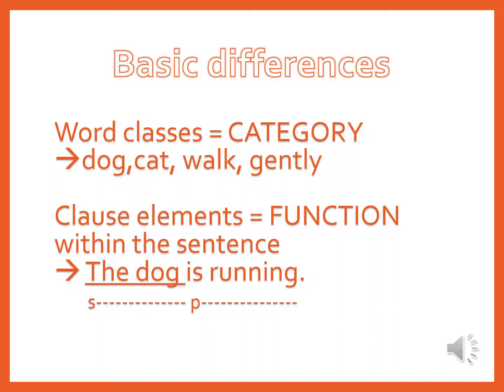Who is doing what? The dog is doing something. So the dog becomes the subject of the sentence. And what is the dog doing? The dog is running. And that is the verb, the predicate of the sentence. And then we're talking in clause elements terms.